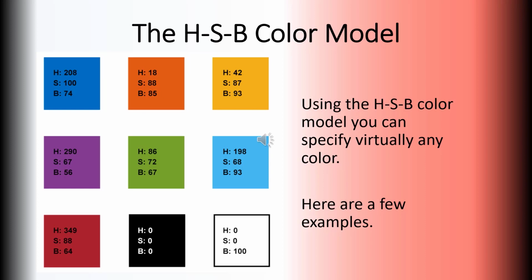So using the HSB color model, we have a couple random color samples here. Using the data points labeled in these colors, you can visualize where these fall on our HSB color model. You say, oh, wait a minute, I'm using RGB or CMYK. Those are both color modes, and those are what we call device-specific color modes.